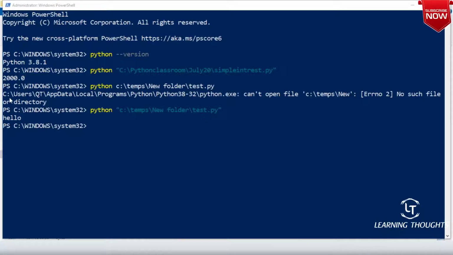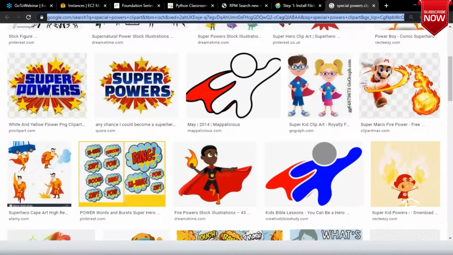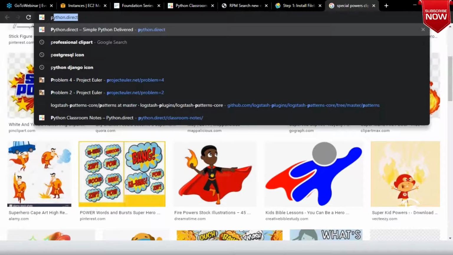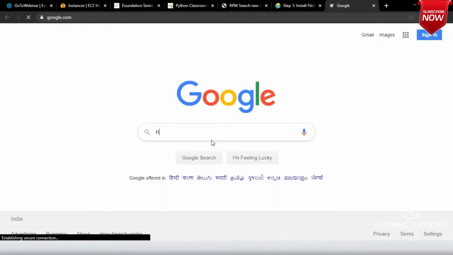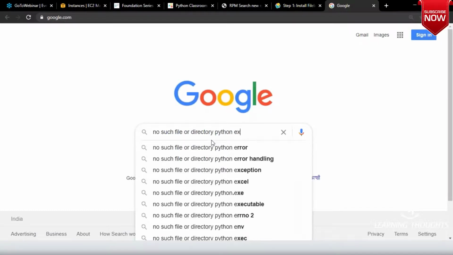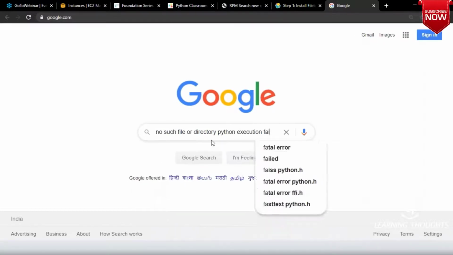This error, you could have copied and pasted it on Google. Okay, no such file or directory, if you had copied it into Google while executing the Python program. Let me show you that. You are all becoming developers, right? You should know how to Google. Go to Google: no such file or directory, Python execution failed.